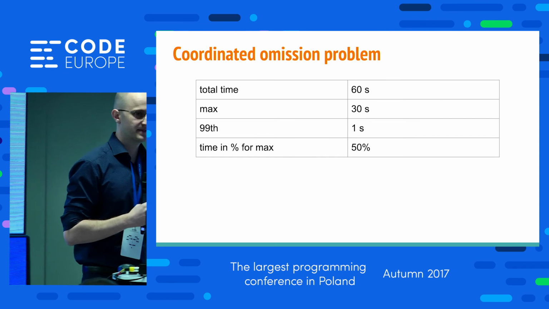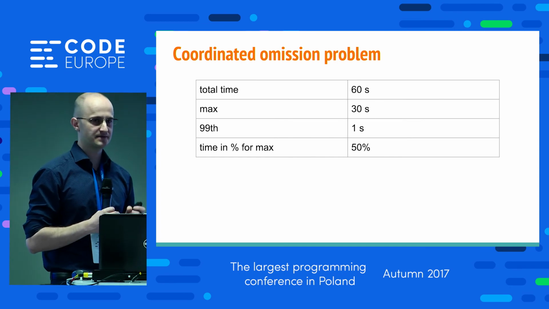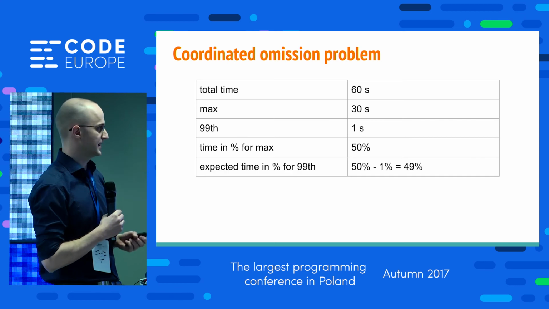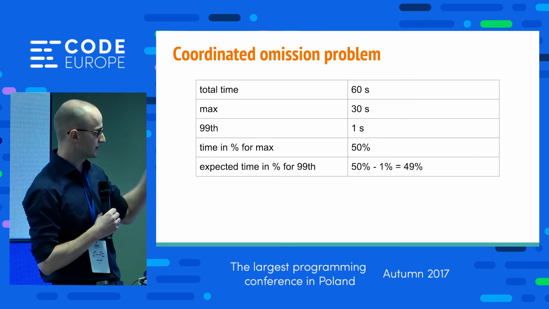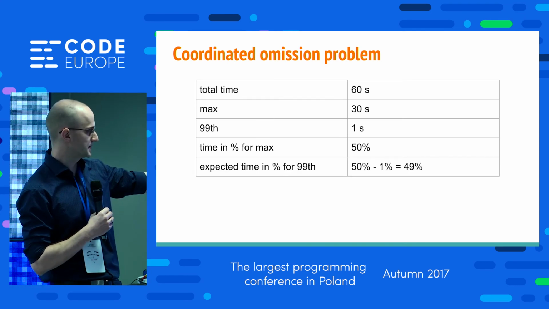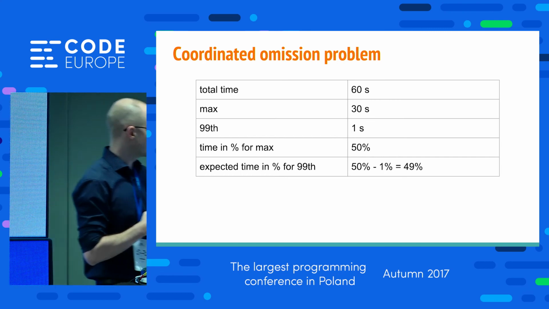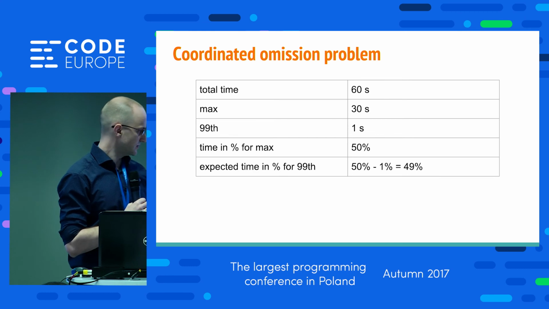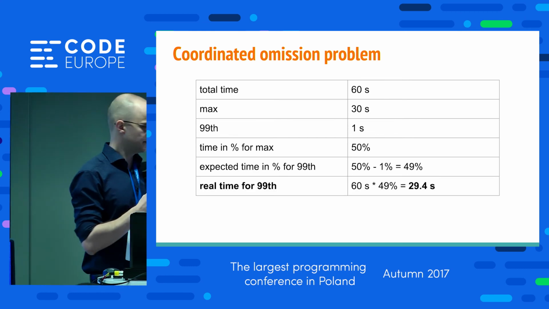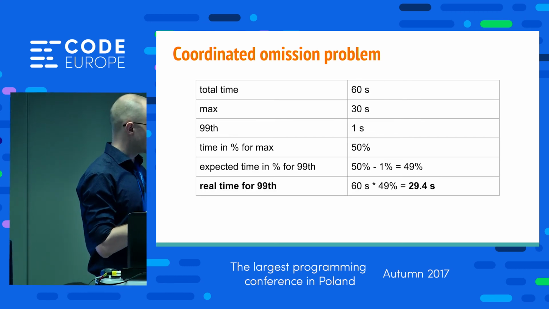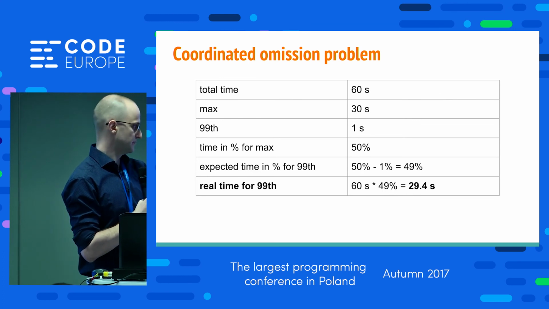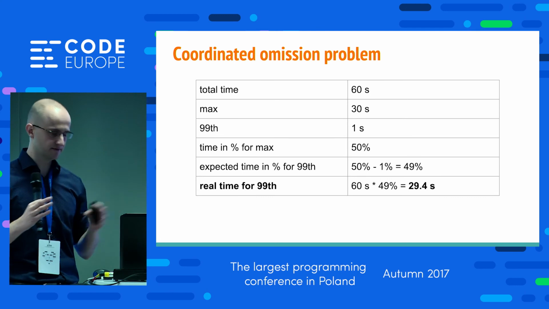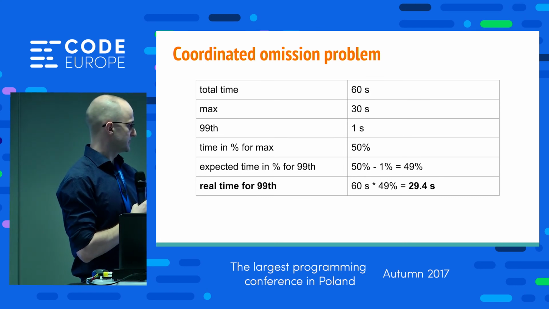Fortunately, you can validate your results and check if you have this problem using very simple calculations. You just need to collect total time and maximum request time, and, for example, you want to validate the 99th percentile. Then you need to calculate the percentage of time for the maximum request, which is 50%, so 30 divided by 60, you know it, 50%.